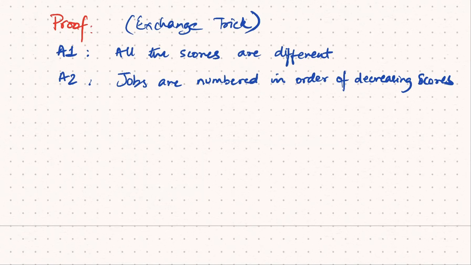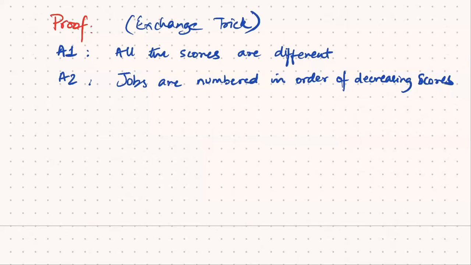We're not losing any generality. We're just renaming the jobs, such that job 1 has the highest score, and so on. Job n is the job which has the lowest score.